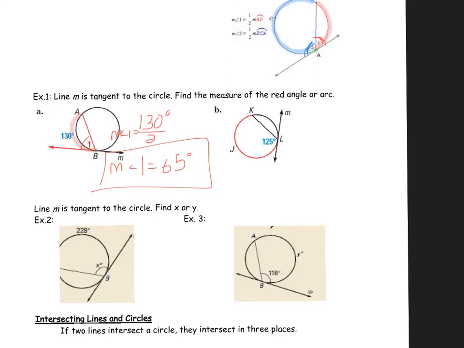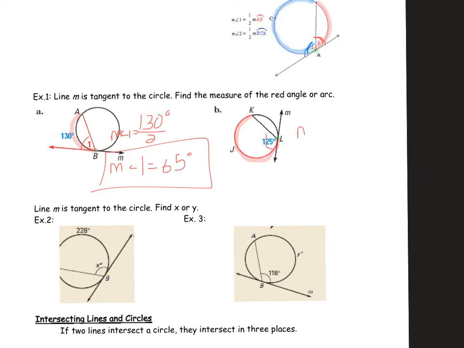In example 1, part B, again, the same directions apply. So M is a tangent to the circle, and we can see it's intersecting chord KL right here at L. Now what they're asking you to find is the measure of this arc, because they want the red one. The angle that is associated with that arc is 125 degrees.